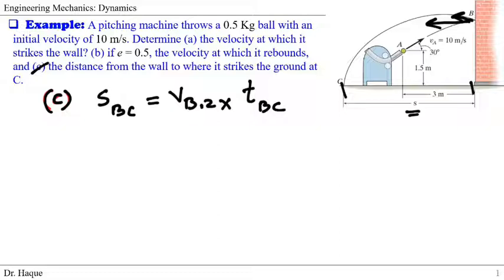Now we know this term. We know what VBX is. We solved it in the previous slide, which is 4.33. But we don't know TBC. How do we find the time it required to go from B to C?